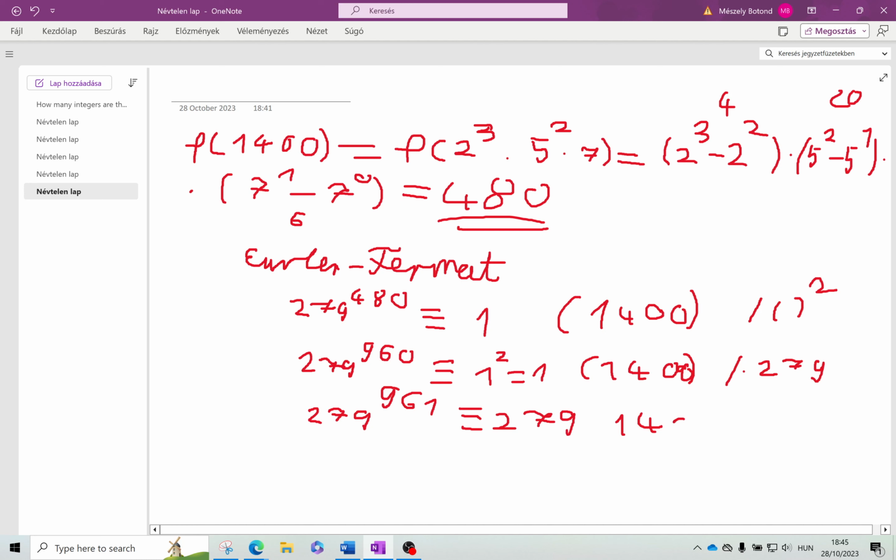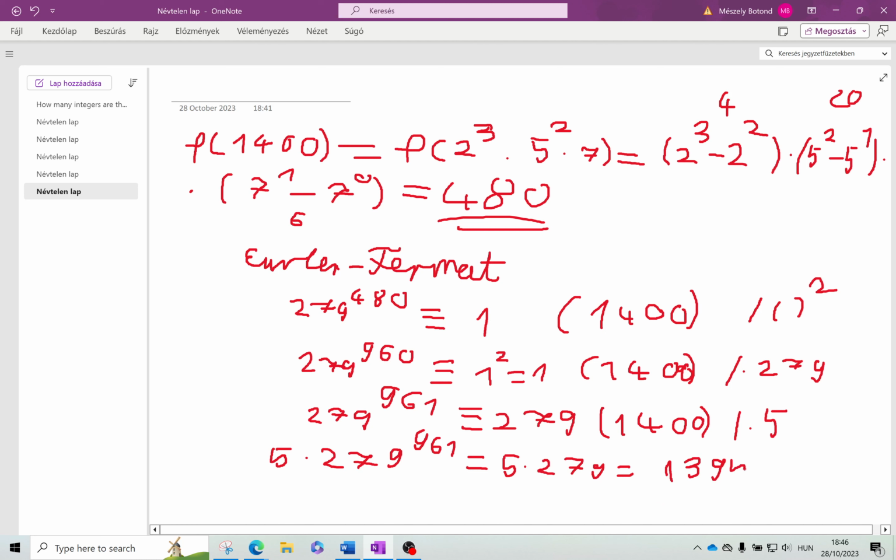modulo 1400. Now we can also multiply it by 5. So 5 times 279 to the power of 961 equals 5 times 279, which is, give me a second, 1395 modulo 1400.